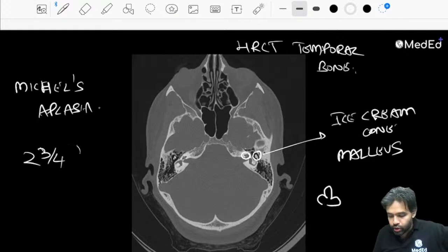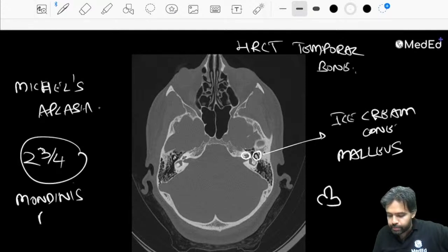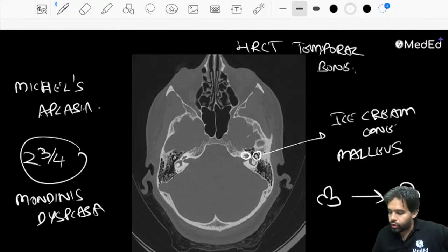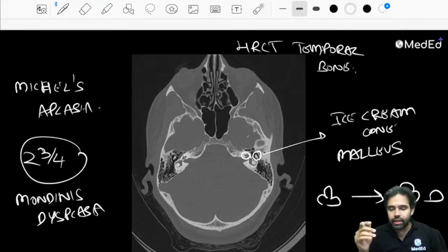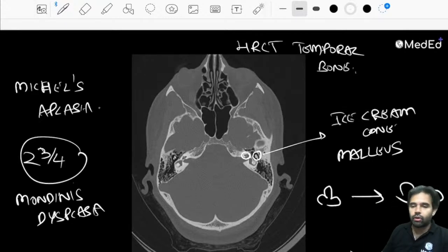If this is less than 2 and 3/4, then that is called Mondini's dysplasia. In that, you may see just 2, or you may just see 1, and that is what is asked. So Michel's aplasia is where you will not see the cochlea at all. In fact, the entire labyrinth may be absent.